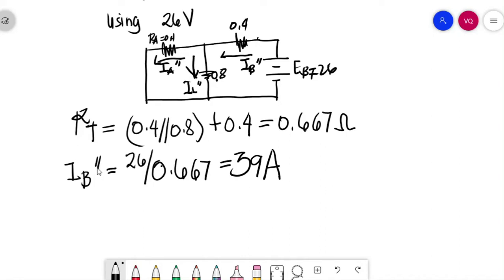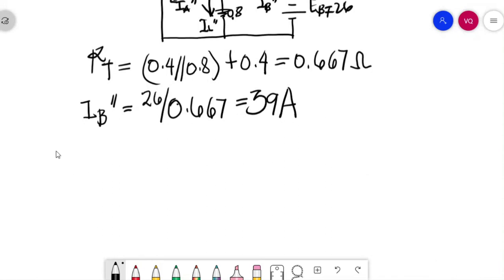Now, IB double prime is equal to the total voltage divided by the total resistance, equal to 39 amperes. Solving for IA double prime or IL double prime, we can use the CDT or the current divider theorem.